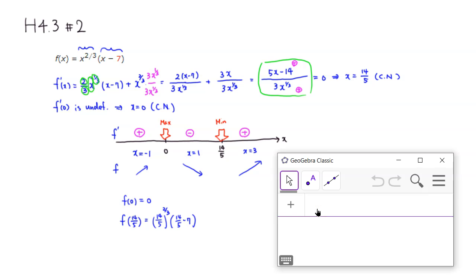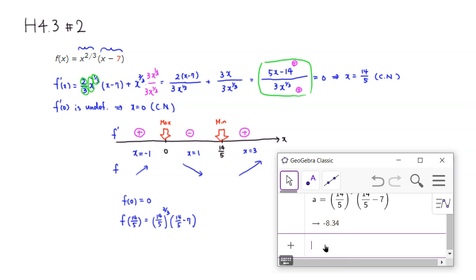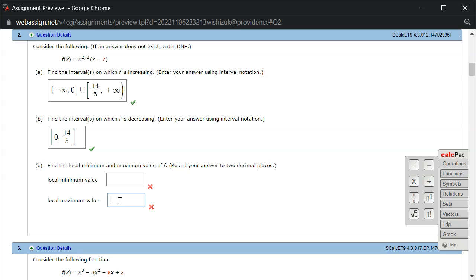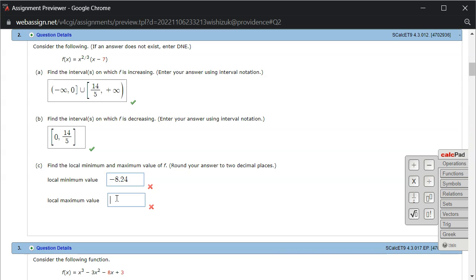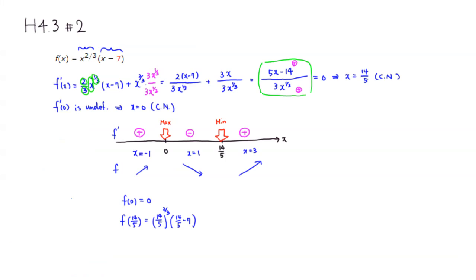I'm going to type in 14 over 5, raise it to the 2/3 power, times 14 over 5 minus 7. It looks like negative 8.34, so I'm going to type that in. Negative 8.34, and the maximum value is 0 there. So 0 is the maximum, and this is the minimum.